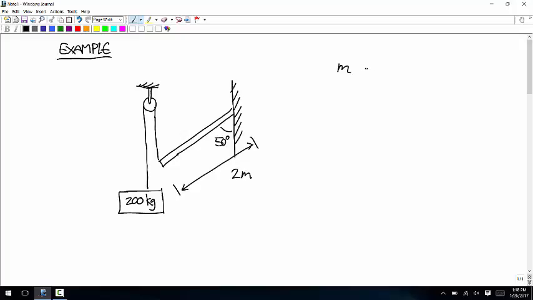If the mass of the beam is 20 kilograms, what are the reactions at the wall?